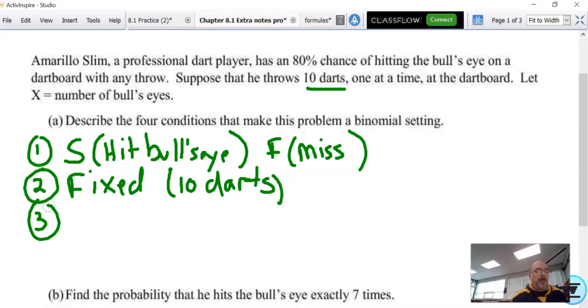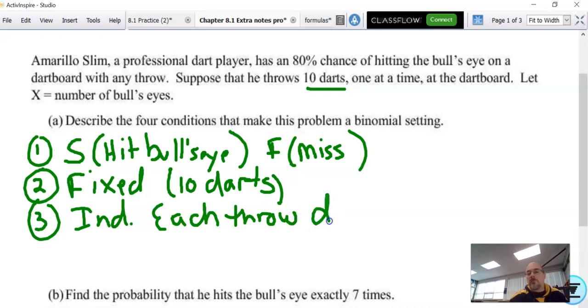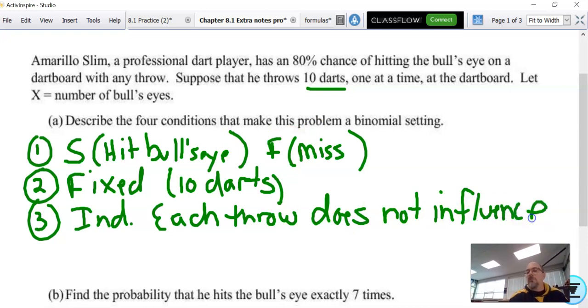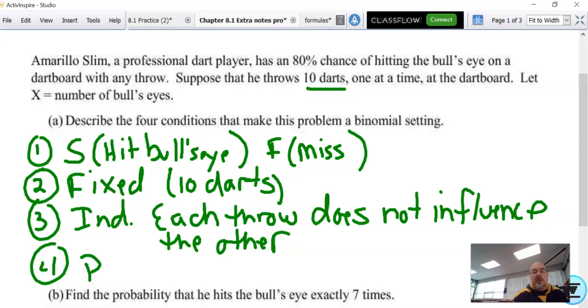3, independent. Each throw does not influence the other. 4, probability of success.